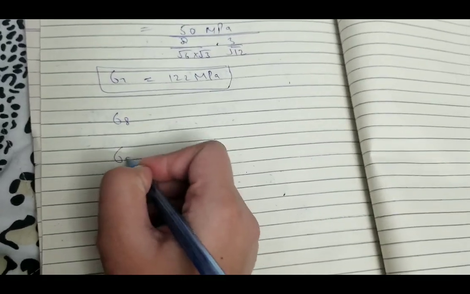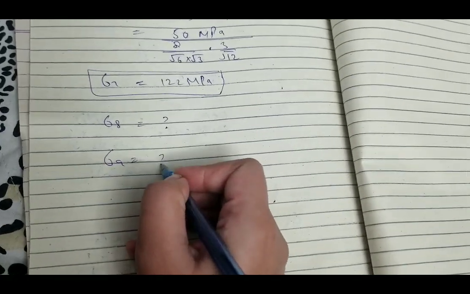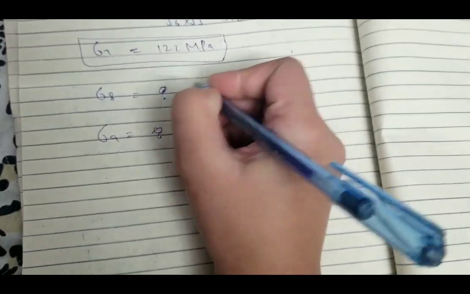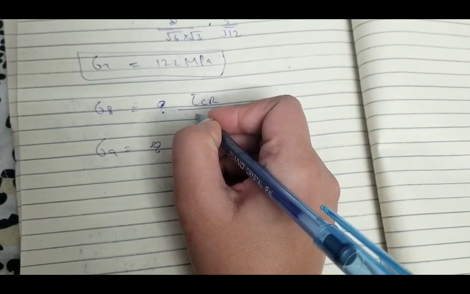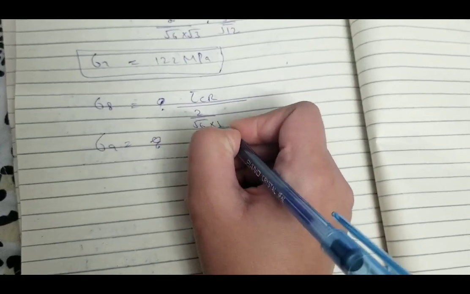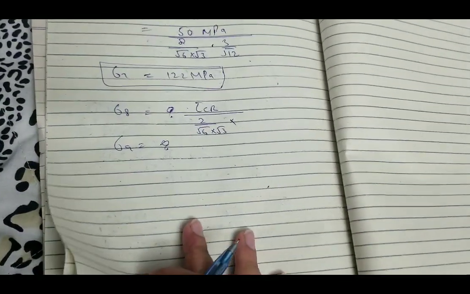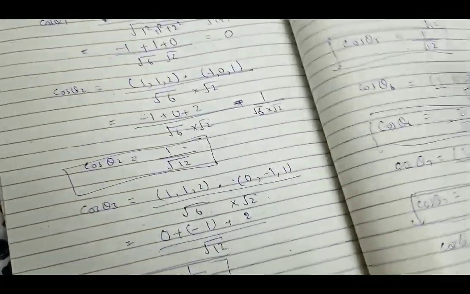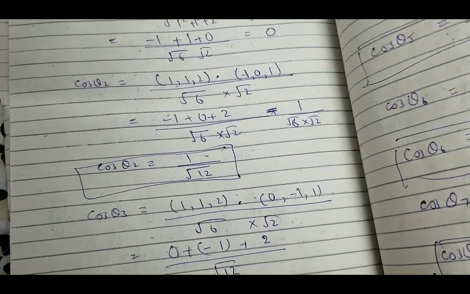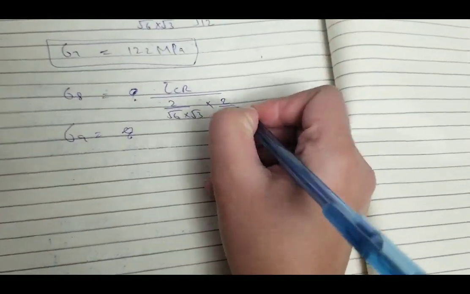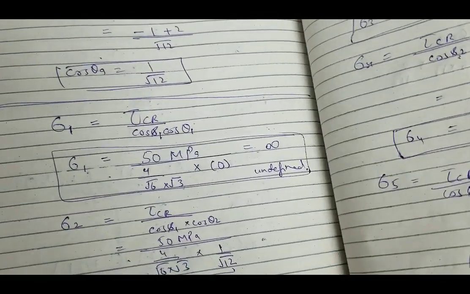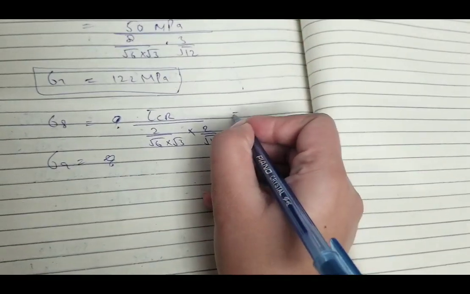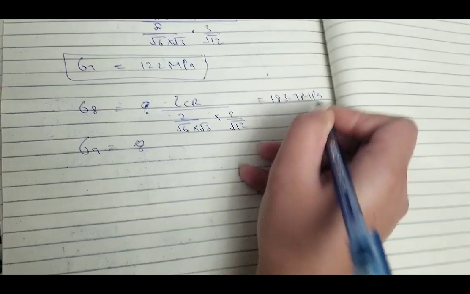Sigma 8 and sigma 9, you can calculate it yourself, but let us do it. Cos phi 3, which will be this, into cos theta 8. Cos theta 8 is 2 by under root 12, and the result will be 183.7 megapascal.